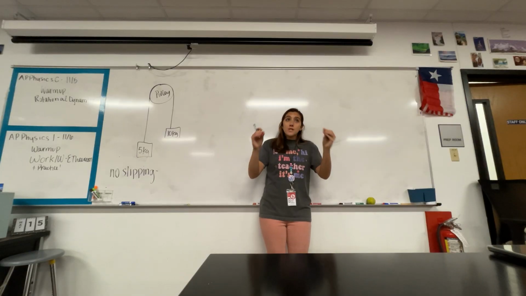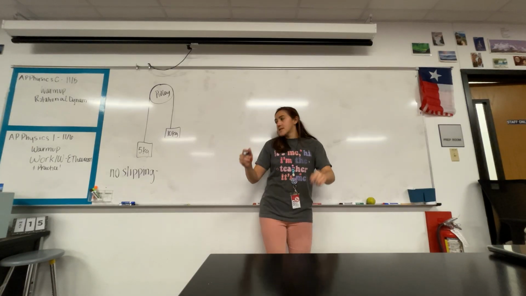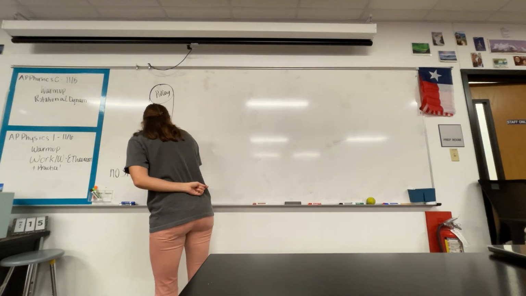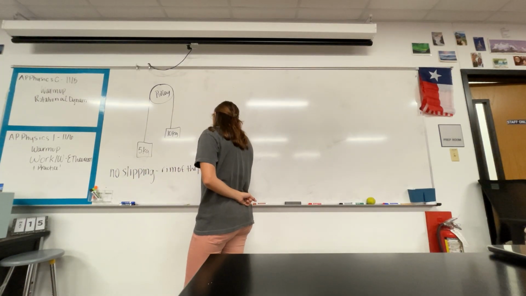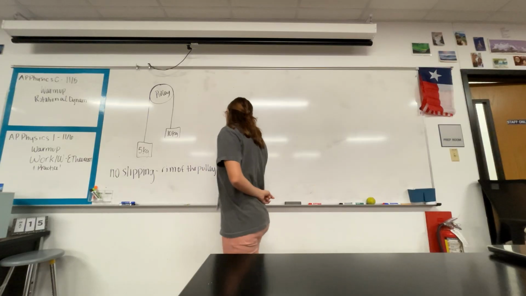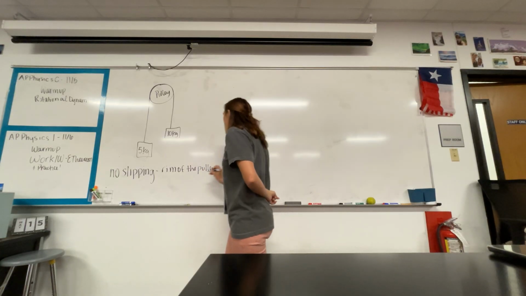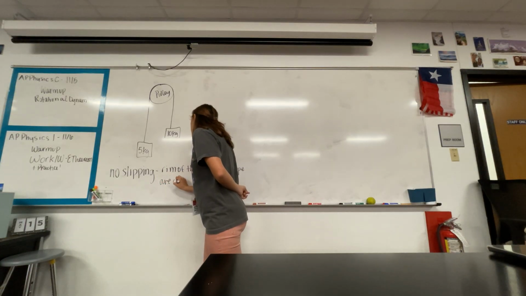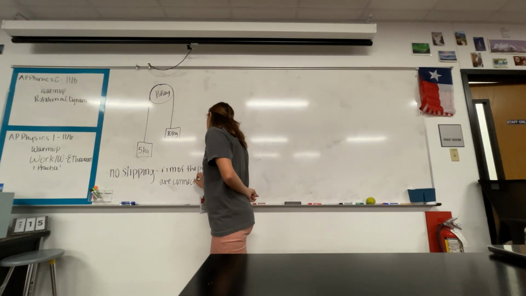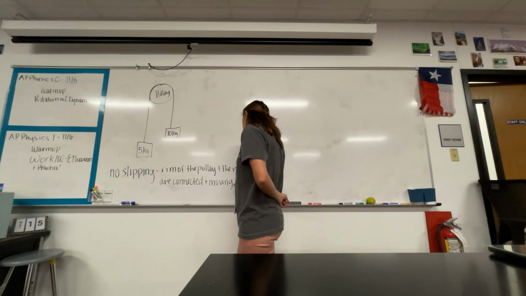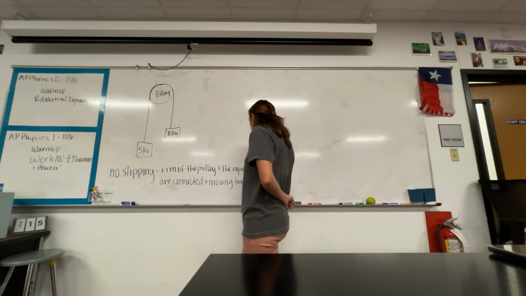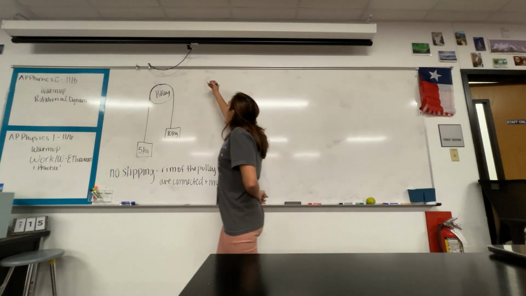But if there's no slipping, then the understanding is that the rim of the pulley and the rope are connected and therefore moving together. That is the stipulation. So I can say this.